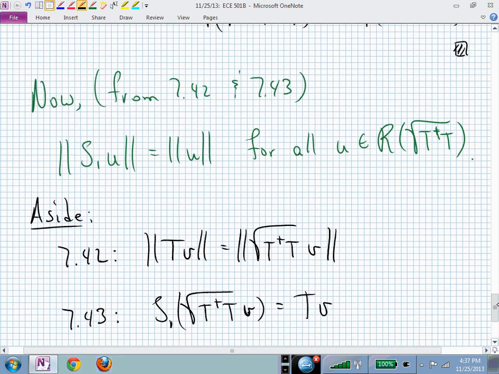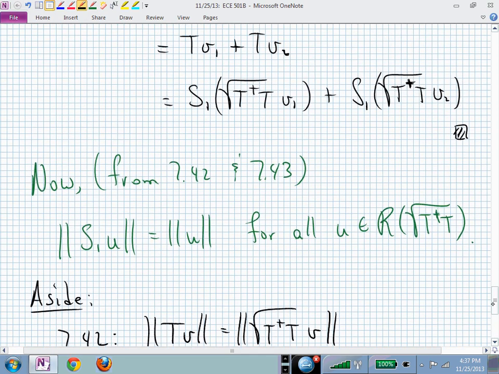Now, if these are equal in norm, then the only way that S1u can equal 0 is if u is equal to 0, meaning we can't have S1 having a non-trivial null space. Otherwise, we would have a bigger norm of u than S1u might be in norm if S1 had a non-trivial null space.